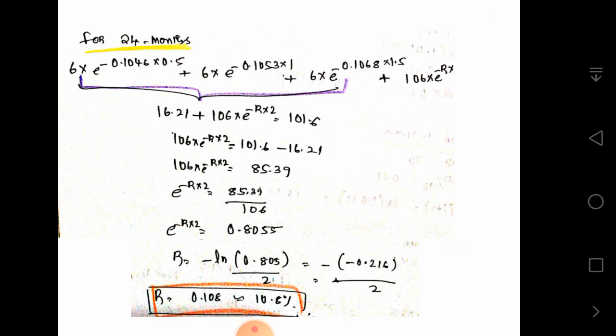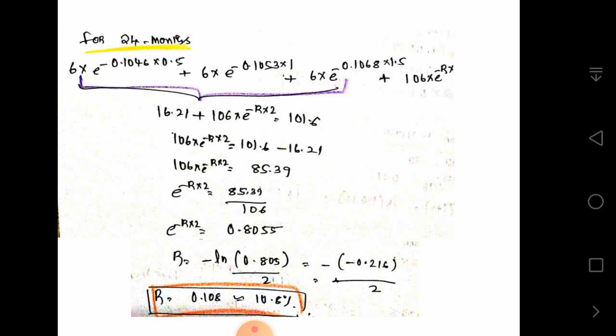That is 6 into exponential to the power of the 0 rate for 6 months multiplied by 0.5, plus 6, the semi-coupon for 1 year, multiplied by exponential to the power of the 0 rate for 1 year multiplied by 1, plus 6 for 18 months, into exponential to the power of the 0 rate for 18 months, which we have just calculated, multiplied by 1.5, plus 106 at the end of the second year, into exponential to the power of minus r into 2, for 2 years, equal to the current market price of the bond, that is 101.6.